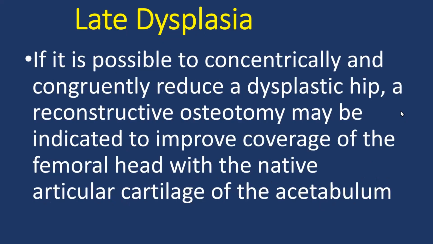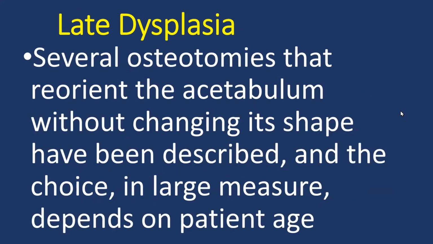If it is possible to concentrically and congruently reduce a dysplastic hip, a reconstructive osteotomy may be indicated to improve coverage of the femoral head with the native articular cartilage of the acetabulum. Several osteotomies that reorient the acetabulum without changing its shape have been described, and the choice in large measure depends on the patient's age.